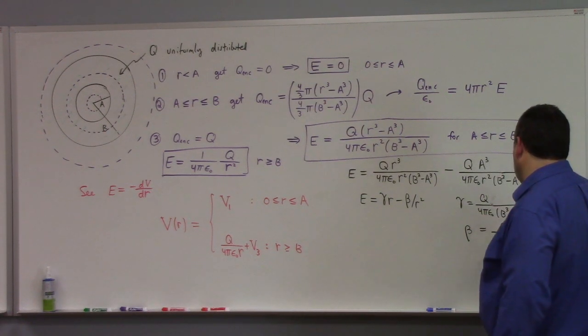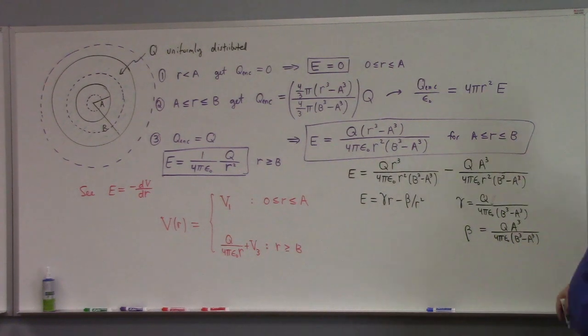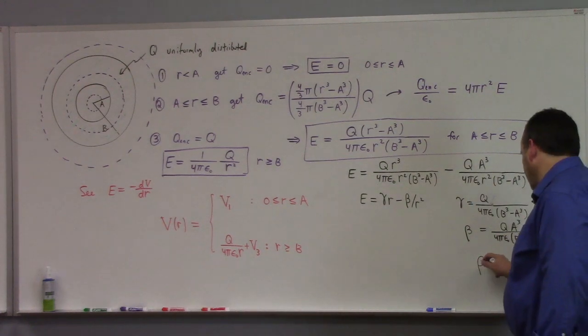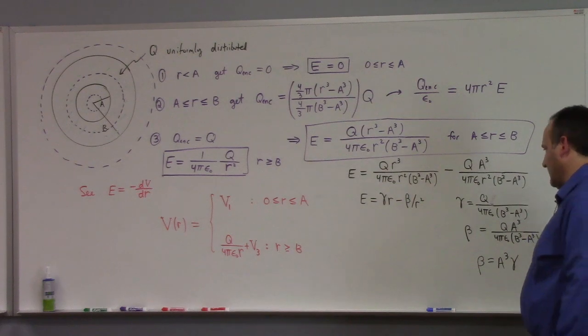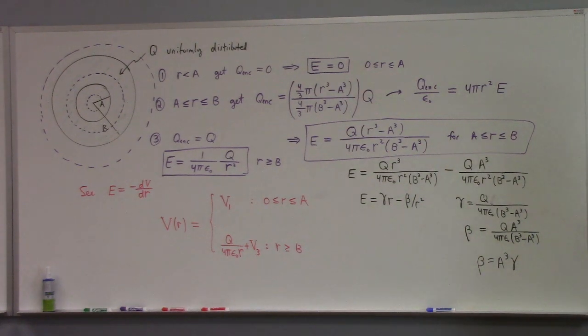The beta's got the Q a cubed. That's what I'm missing. Anyway, beta is just equal to a cubed times gamma, for what it's worth. There's a law of diminishing returns here. But the point is, I just wanted to reduce the baggage so I could see the integral.